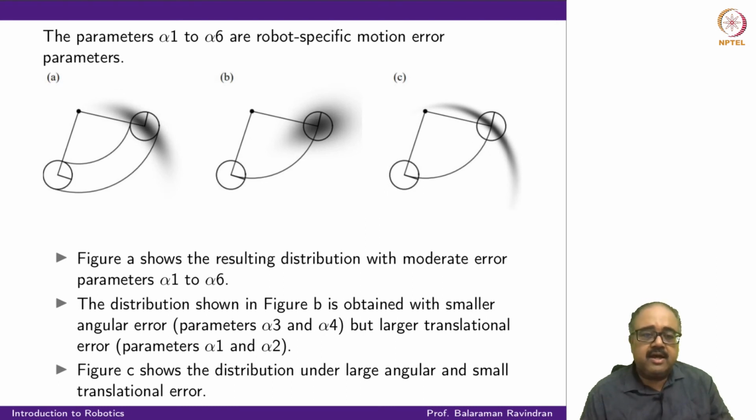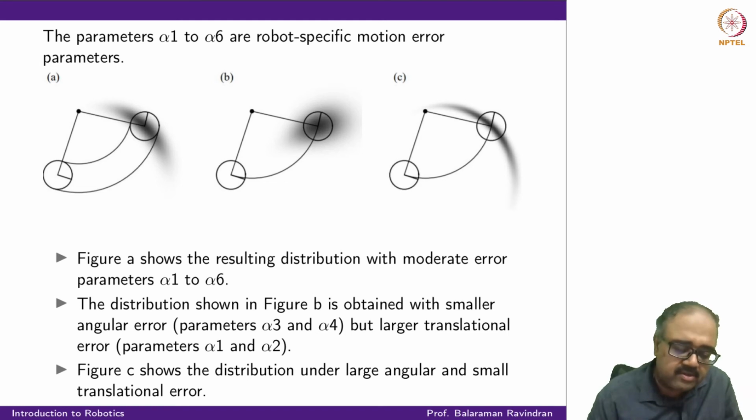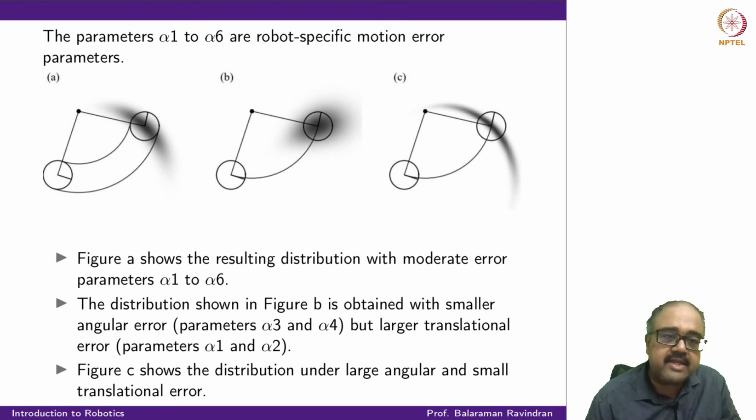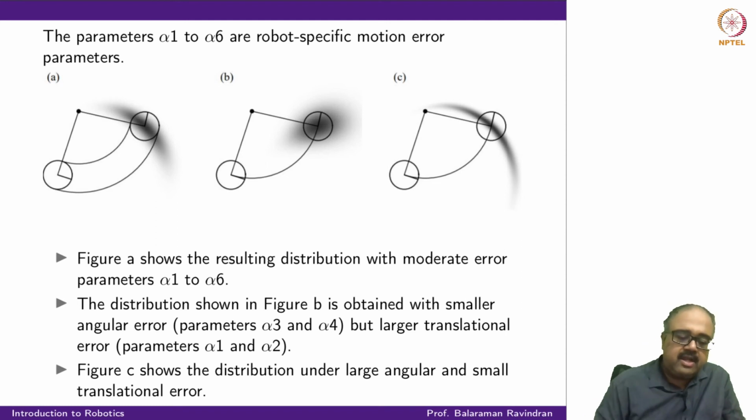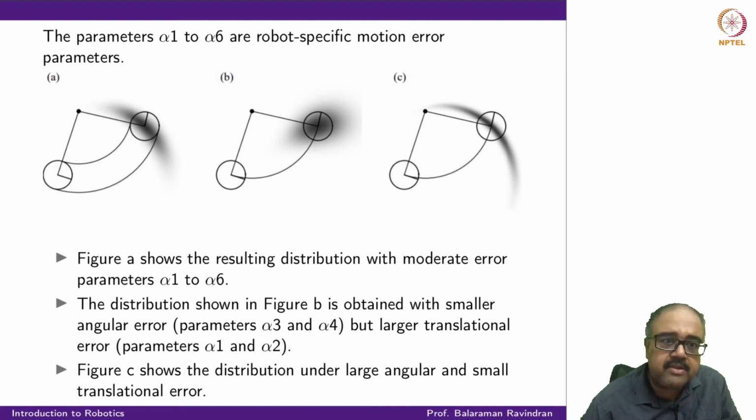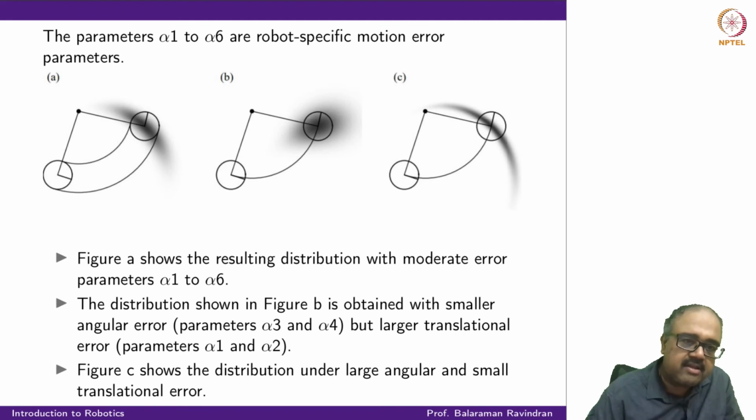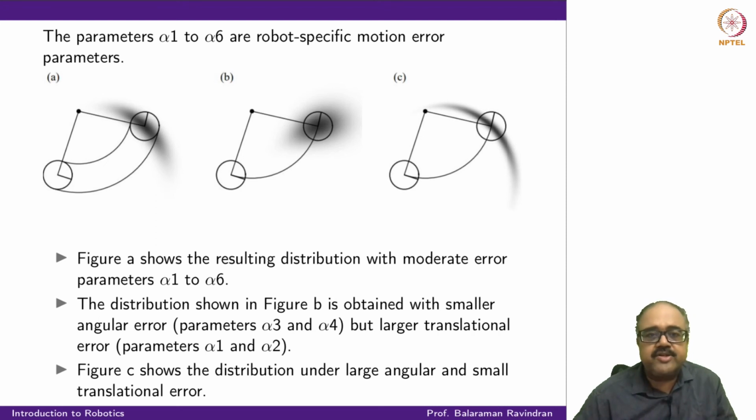This is the starting position, x, y, and theta, and that is the ending position, x prime, y prime, and theta prime. Now this is my probability distribution. You can see that it is spread out both in the translational sense and also in the angular sense.